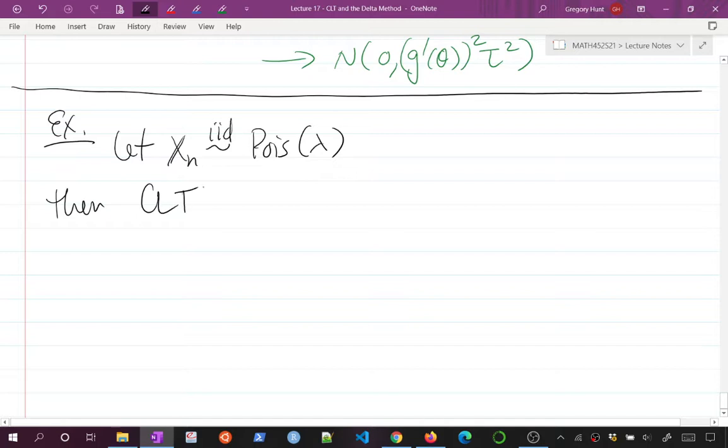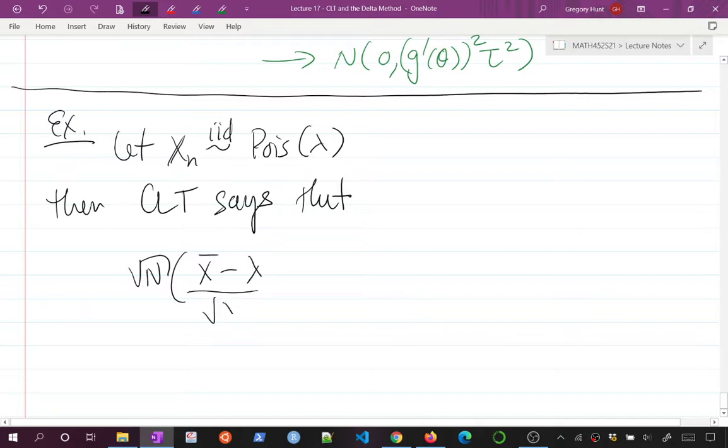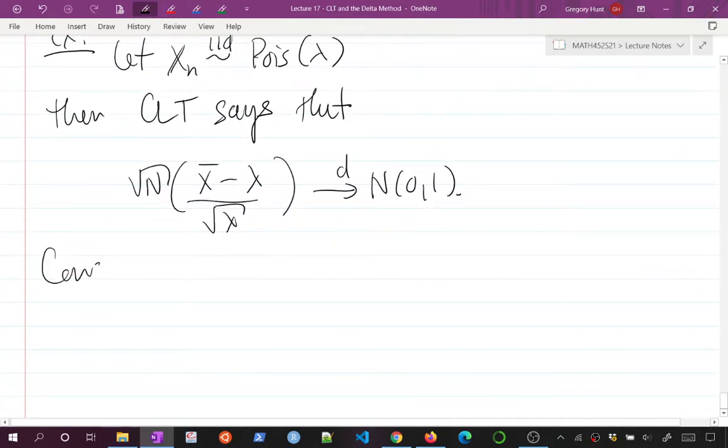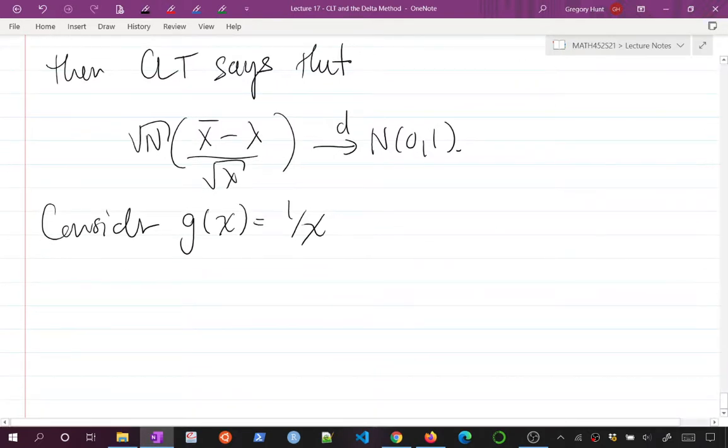And then the CLT says that root n times x bar minus lambda over root lambda, we did this before, converges in distribution to a standard normal. So that's the CLT. And consider, maybe g of x is 1 over x. Why not? Maybe we want to know about how 1 over x converges.